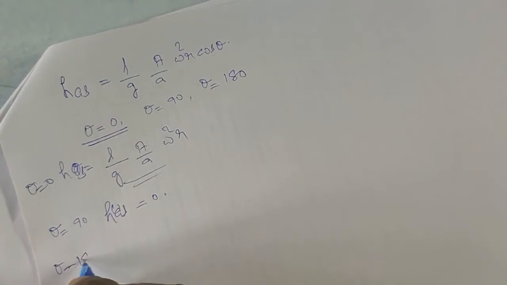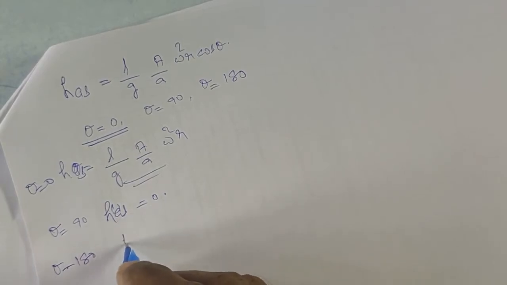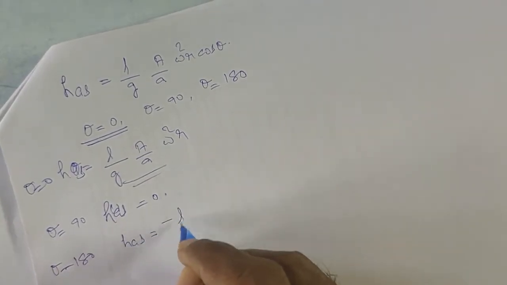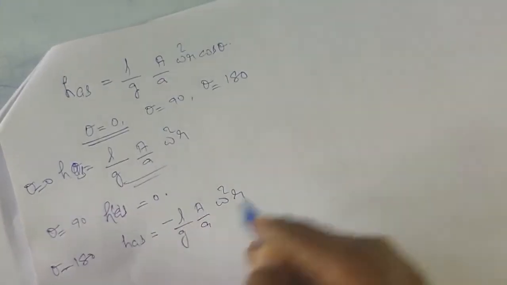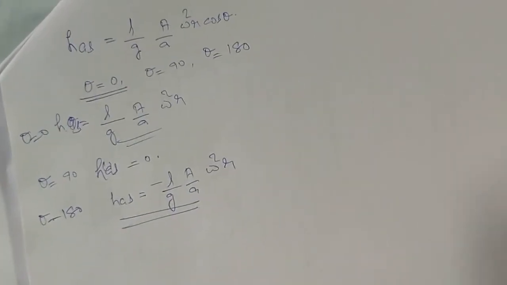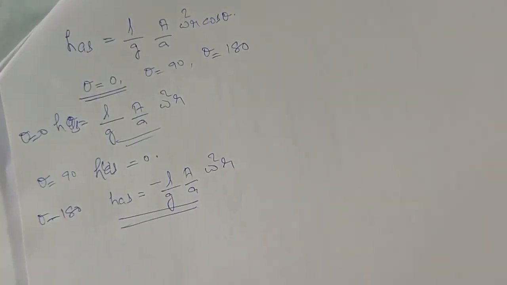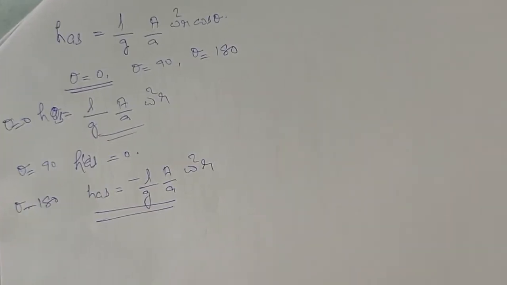When theta is equal to 180, cos 180 is minus 1, so HAS is equal to minus of L by G, A by a, omega square R. This happens in the suction side. Similar will be the case with the delivery side.